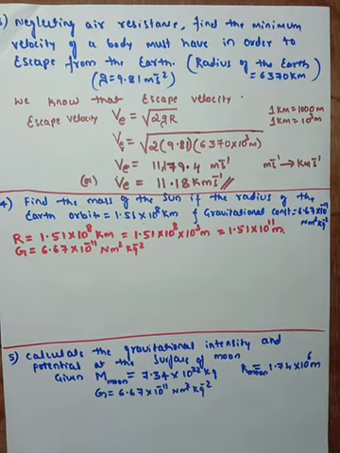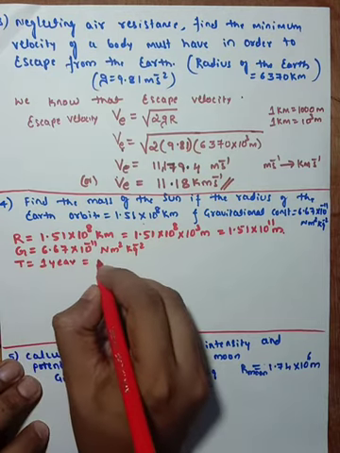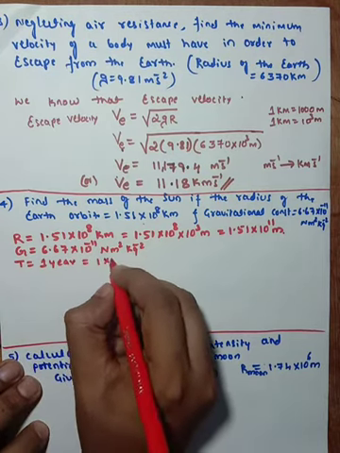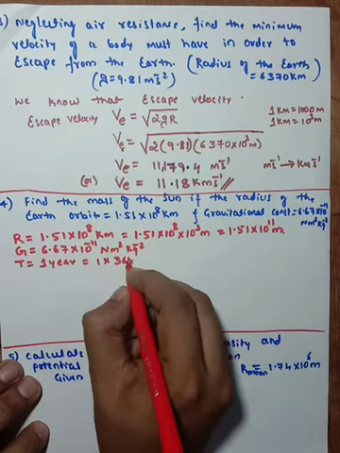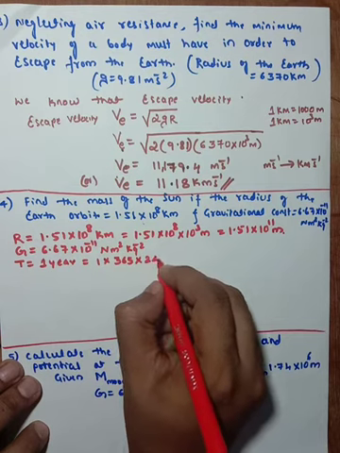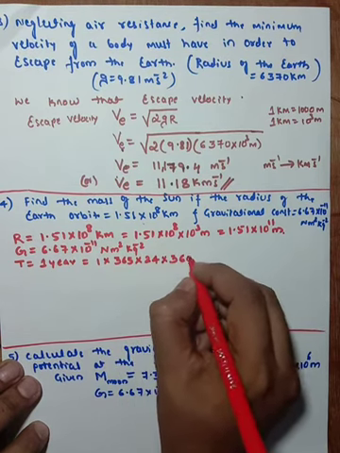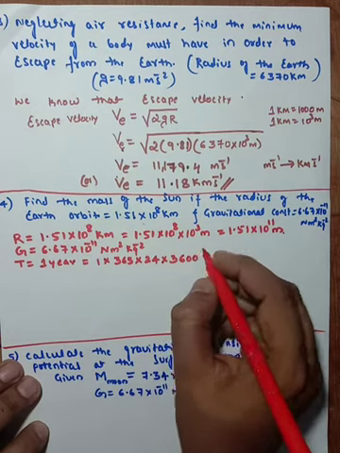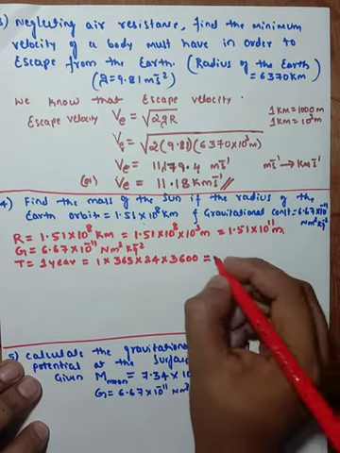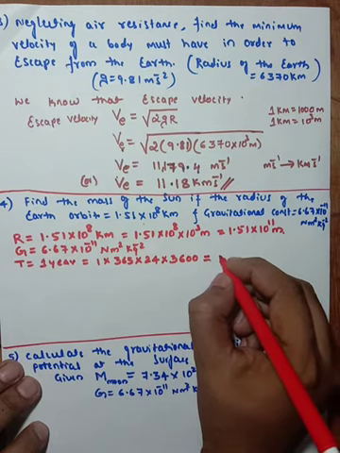So T is nothing but 1 year. 1 year means 365 days, in 1 day 24 hours, then 3600 seconds. So you will get this.